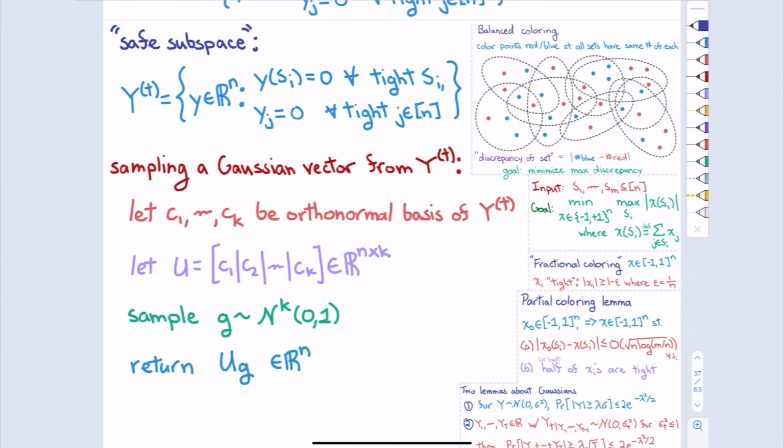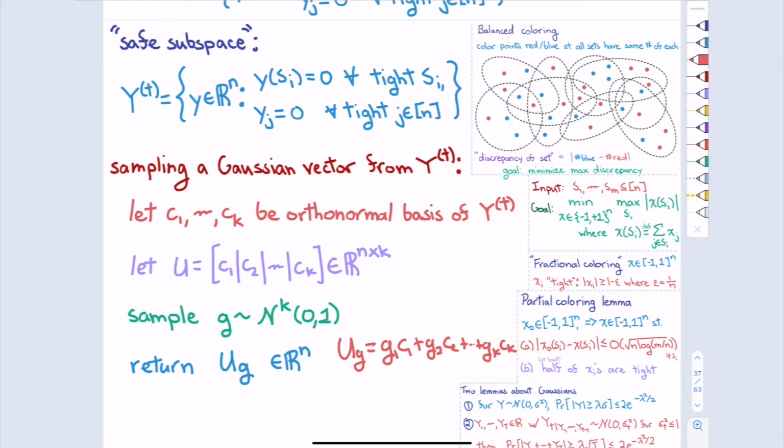We're going to sample a Gaussian vector, a k-dimensional one, where each coordinate is a standard normal Gaussian. And then I'm going to apply u to g. One way to think about it is to write ug as g1 c1 plus g2 c2 up to gk ck.